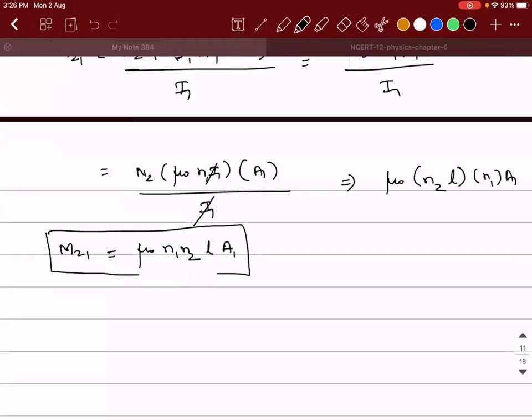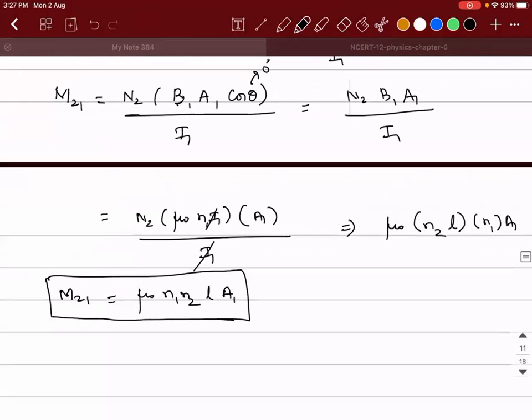Sir, can you explain the last before step, sir? This one. No, sir. This one. After this step, sir. Okay. So mu naught into N1 into I1. Okay. So capital N2, I wrote it as small n2 into L. Sorry. Small n2 into L. Okay.